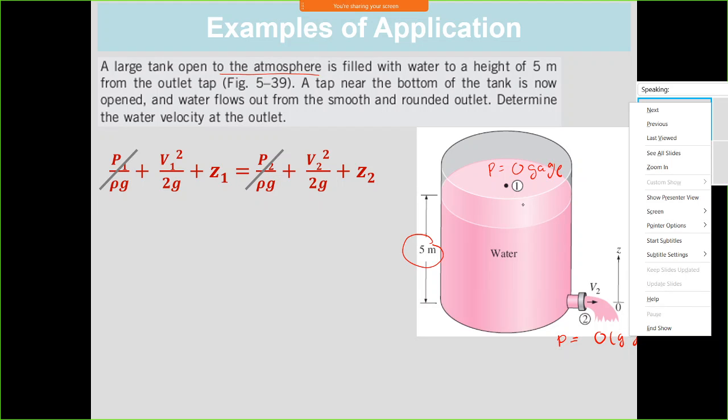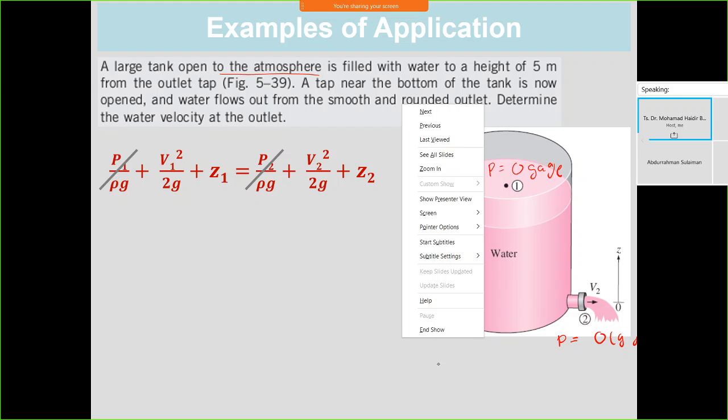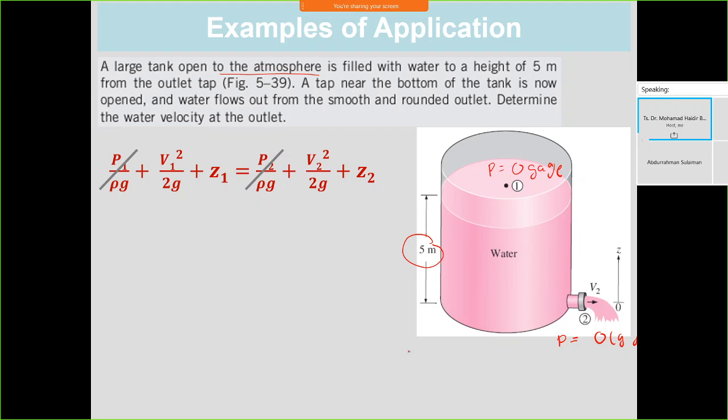Then go to the velocity, and compare the velocity for both parts. Velocity at point 1 is at the open tank. If the question didn't give you the diameter or anything, you can assume the tank is very wide. So you know that V dot equals V times A. So if A is too high, V becomes too low.